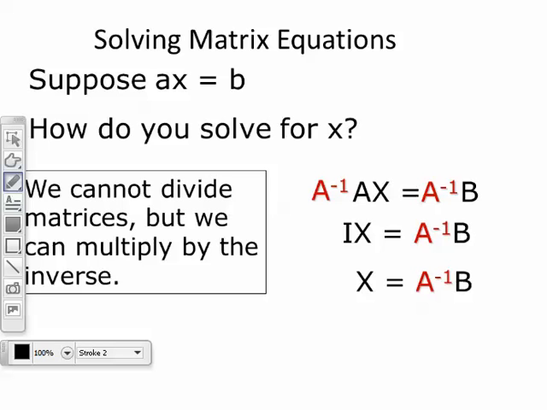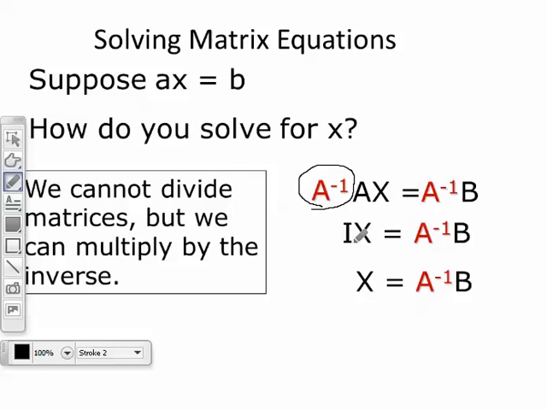Well, we can't really divide matrices because that's not a valid operation for matrices. So what we do is we talk about taking the inverse of a matrix. We take matrix A to the -1. And when we multiply A to the -1 times A, and then times X, what we'll wind up with is the same thing as what we get when we multiply A to the -1 times the B constant out here.